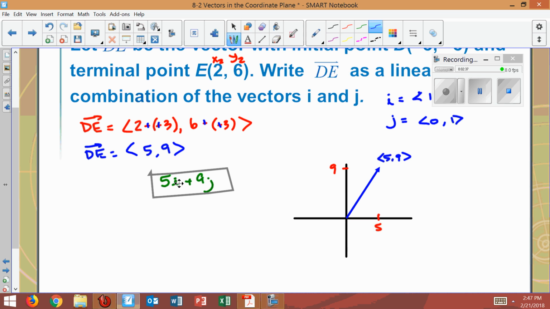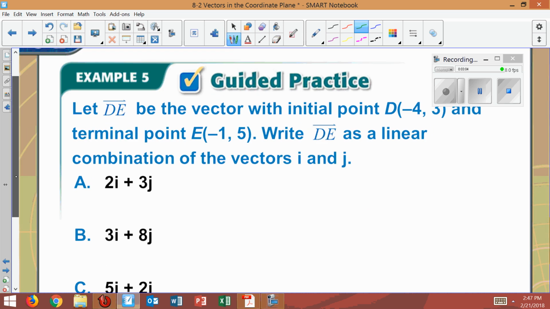Now what this is saying is that if I did this in green, we would have 5 unit vectors going this way. So 1, 2, 3, 4, and 5. And then you would have 9 j's, which means 1, 2, 3, 4, 5, 6, 7, 8, and 9. That's how you'd represent it. That's what this means. So now you can go ahead and try this one.